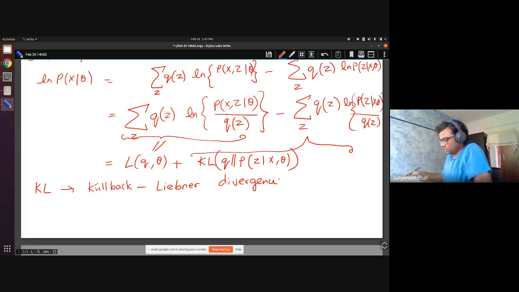Let me see, I don't want to have a recording of making a mistake. Can someone check if this is the correct thing? Yeah, Kullback-Leibler divergence.